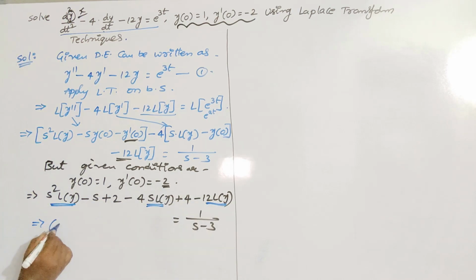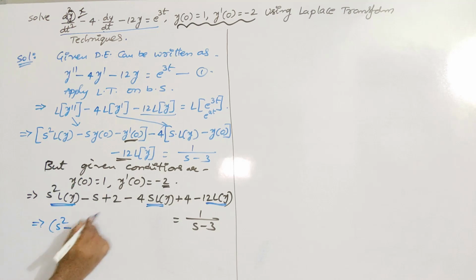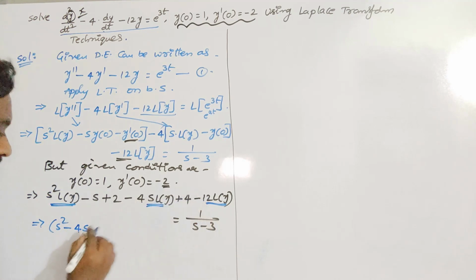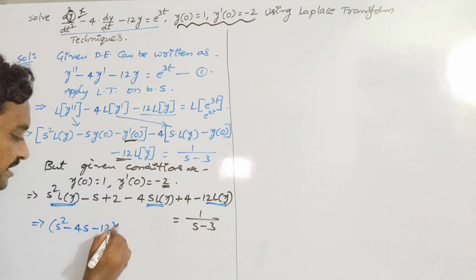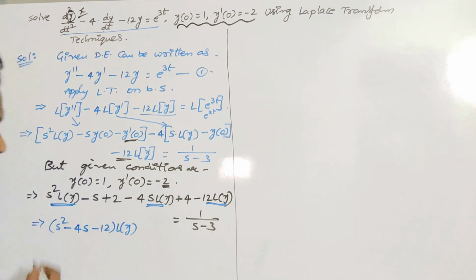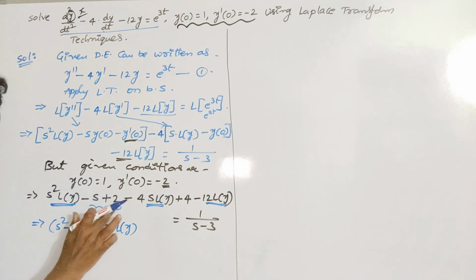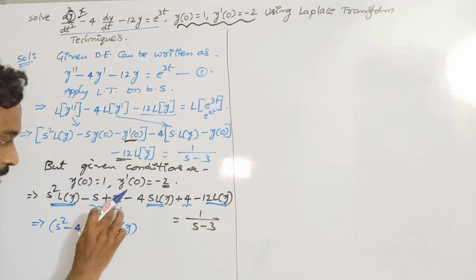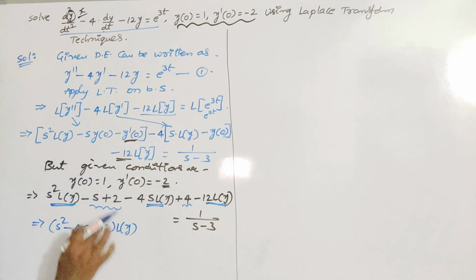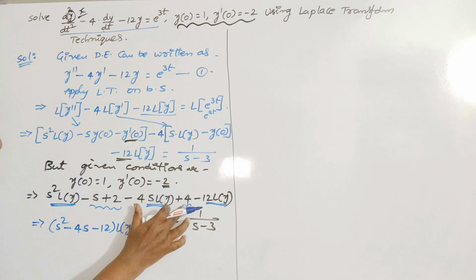So you will get s square minus 4 into s is the remaining term, and in the last one minus 12 is the remaining term after taking L of y as the common term. And what about the remaining terms? Minus s plus 2 and plus 4. What is 2 plus 4? It would be 6.